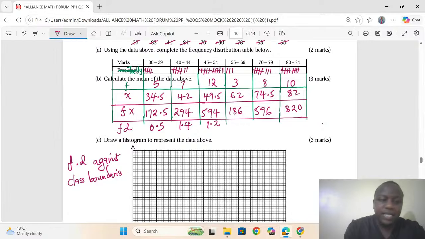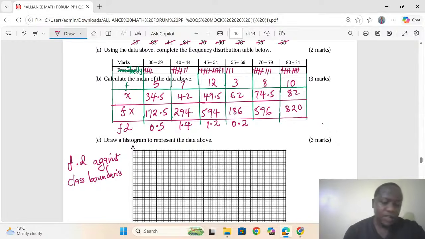3 divided by the upper boundary 69.5 minus 54.5. 15 is the width. So 3 over 15, 0.2.